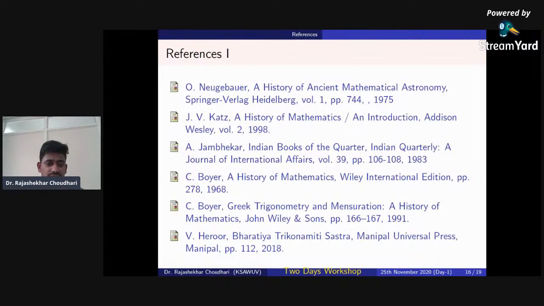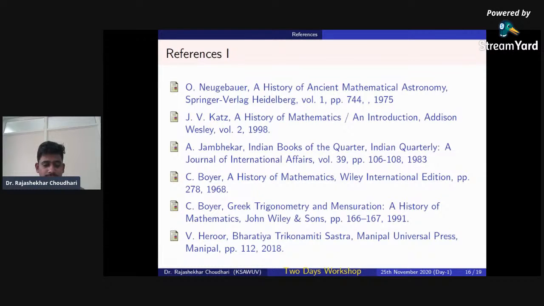These are the references which I have used for my lecture from day 1 and day 2. The majority of the content has been taken from a textbook written by Venugopala Herur, entitled Bharatiya Trigonometry Shastra, published by Manipal Press. It is an excellent book which highlights the contribution of ancient Indian scholars in the field of trigonometry.